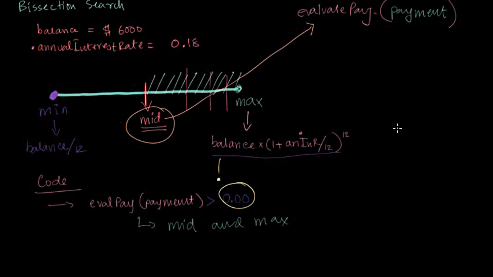Or say you evaluated and found out that it was too little, right? Then your mid would become the new maximum, and you would take the mid between the min and the new maximum, which was the previous mid, and cut it in half, and you cut it in half until you find the amount you were looking for.